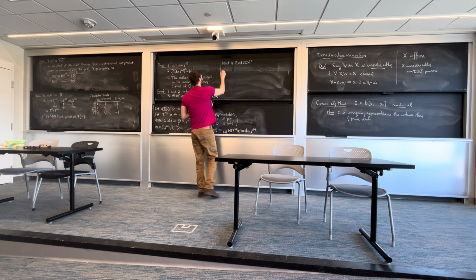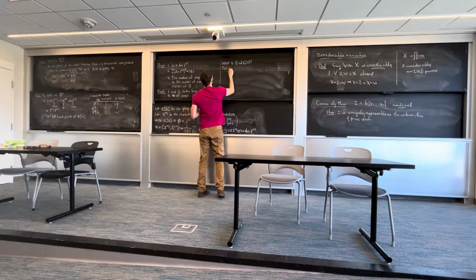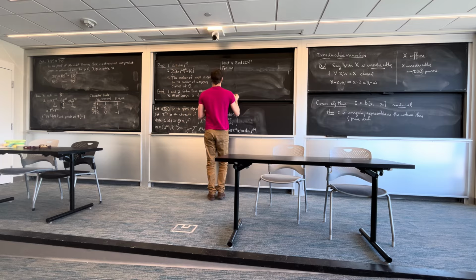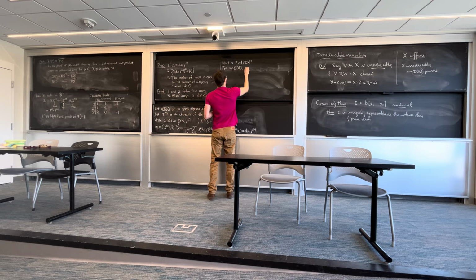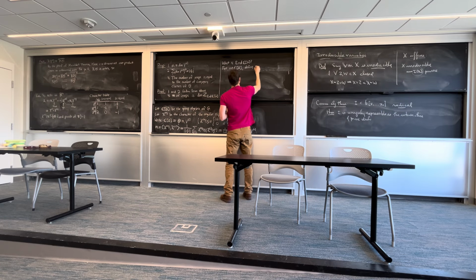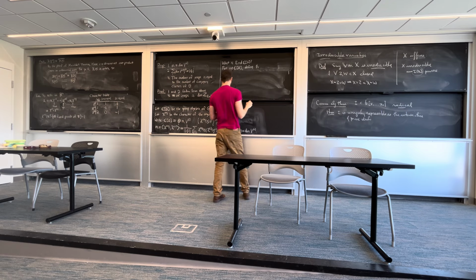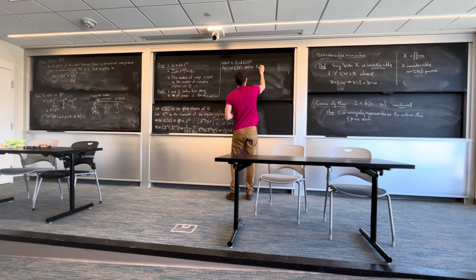So if I have some element V in the group algebra, I'm going to define a map phi sub V, and this is going to be a linear map from the group algebra to itself, so it's a linear endomorphism.